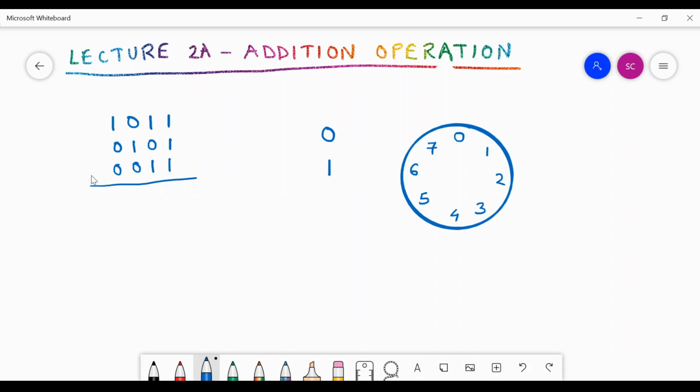Suppose I work with three numbers right now. So we have to start, so we have to add three ones. So 1 plus 1 plus 1 basically is 3 in value, but that value represented in binary is 1, 1. So a 1 would come here and a 1 would go to the carry, right?